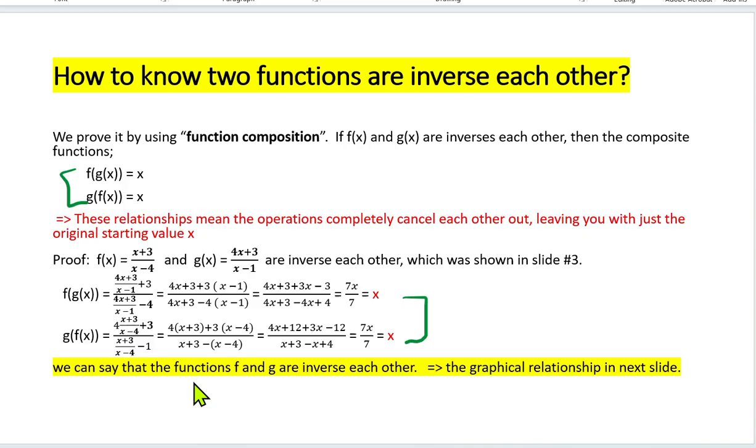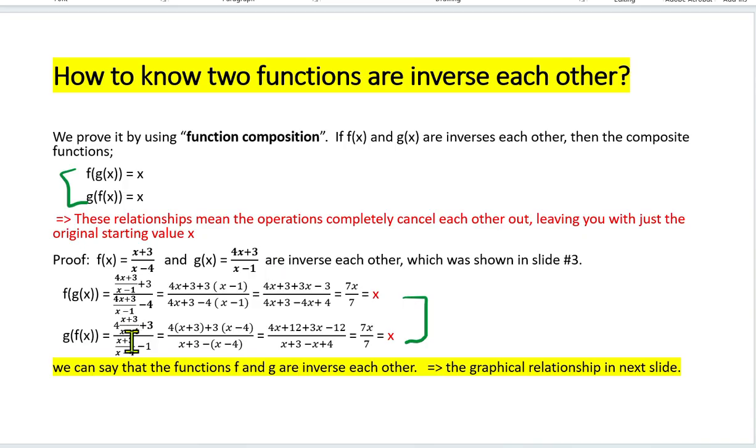Now, in slide number 3, we found the inverse function of f of x. We wanted to find the inverse function of f of x equals x plus 3 over x minus 4, and we get g of x, the inverse function, as 4x plus 3 over x minus 1.